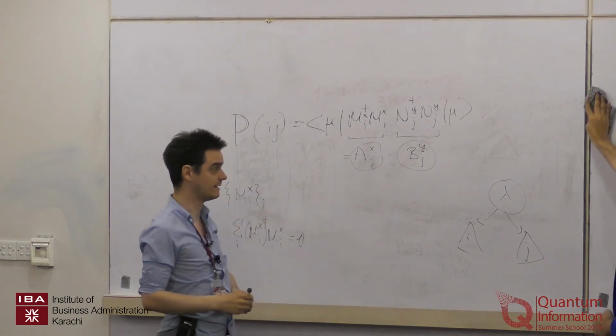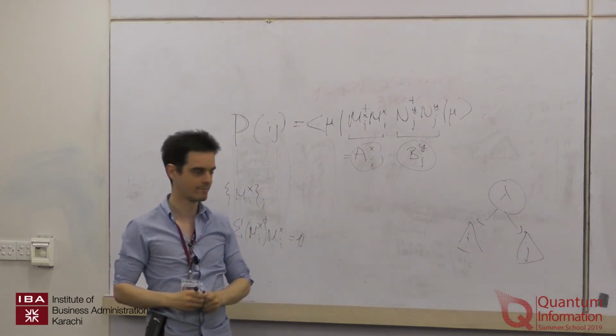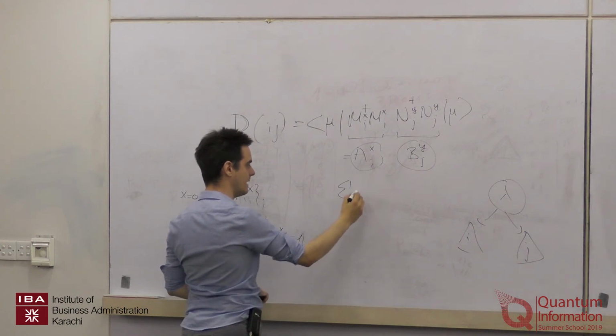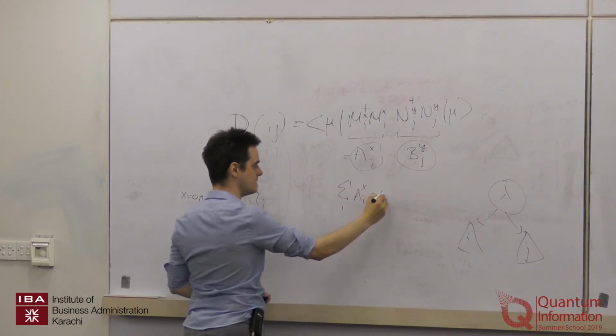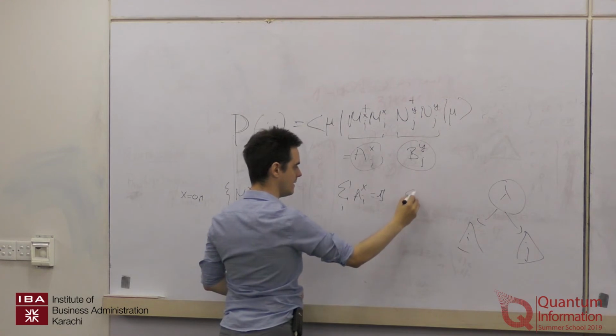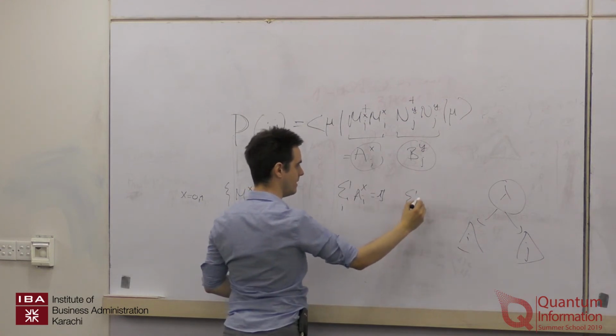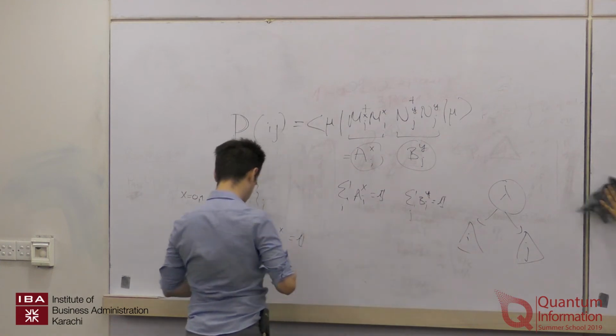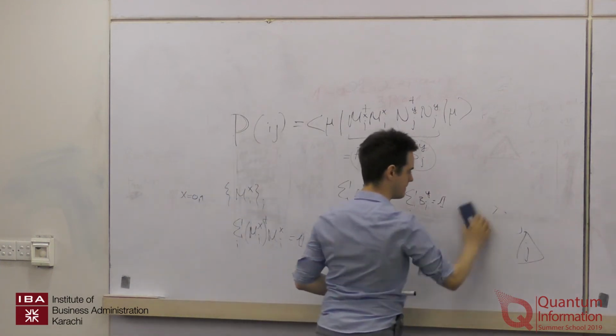I can just group them in that mega operator. And of course, what I get on this A is that the sum over I of A_{I|x} is the identity, and the sum over J of B_{J|y} is the identity.